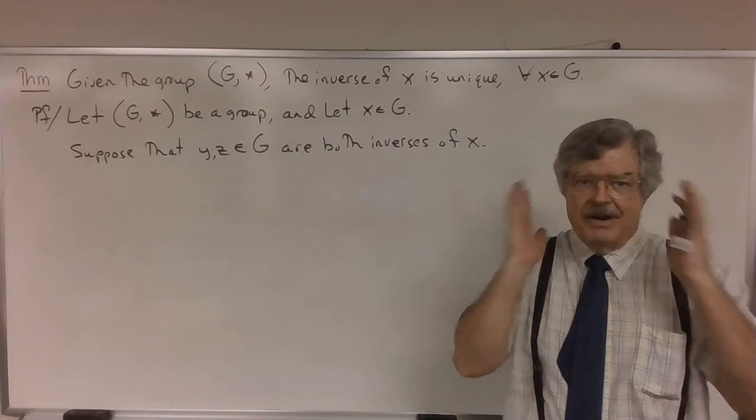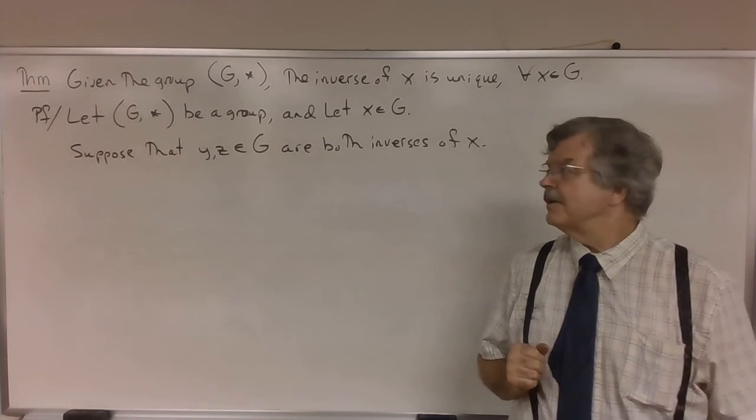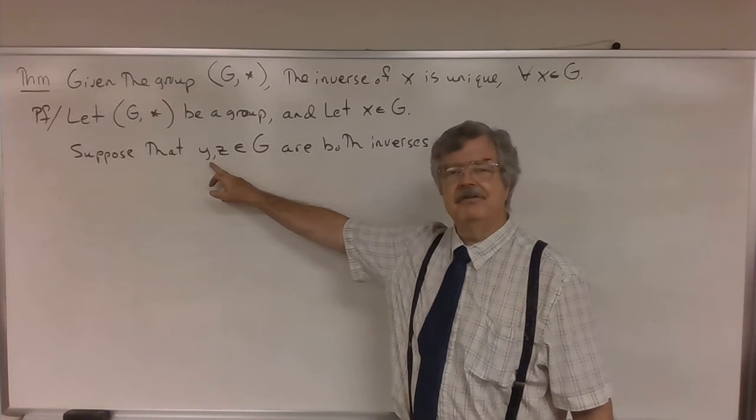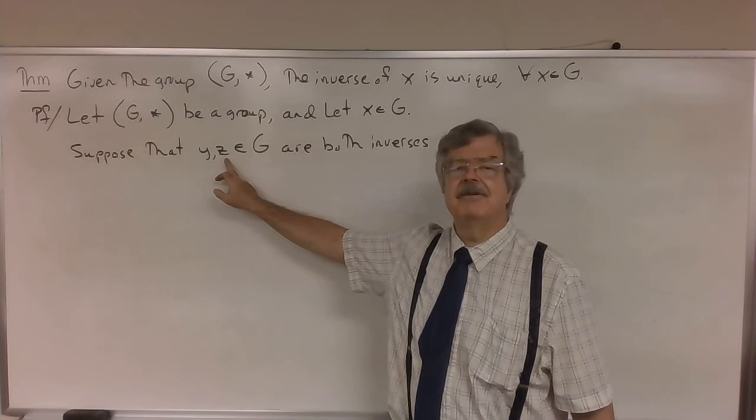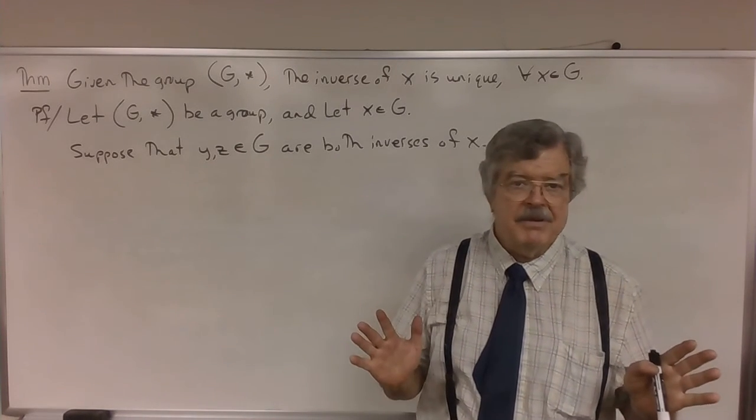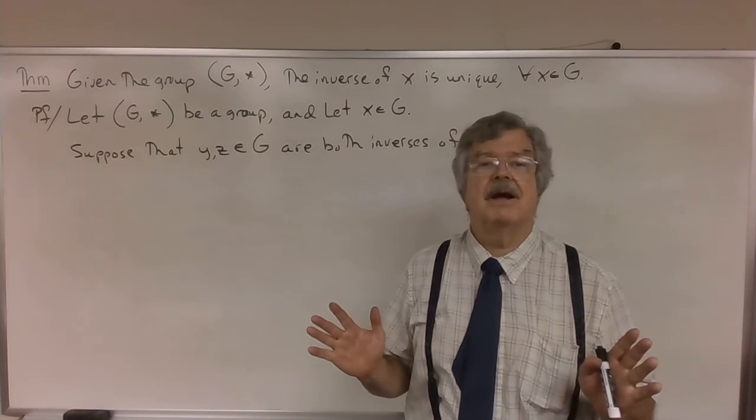We're not saying they're not distinct. We're just saying, suppose Y is an inverse of X and Z is an inverse of X. Maybe they're the same, maybe they're not. We're not saying.